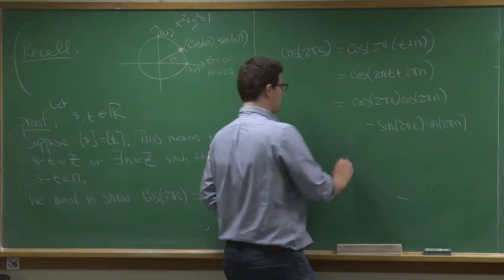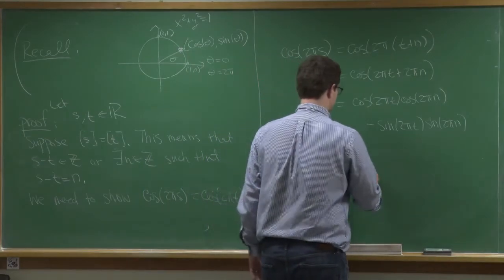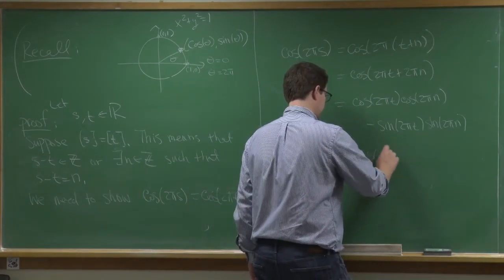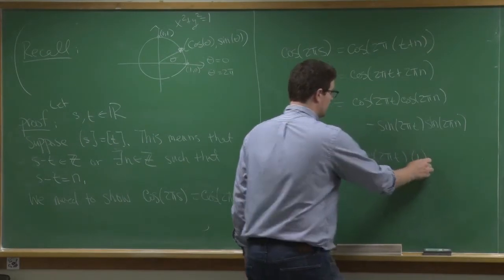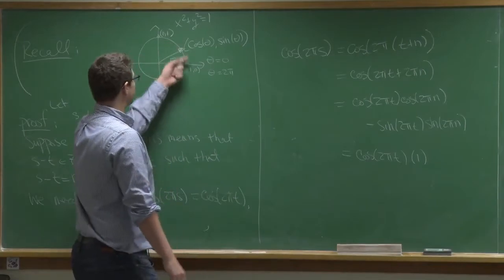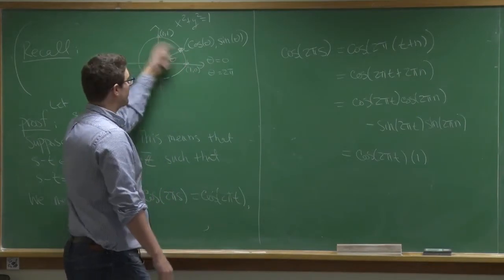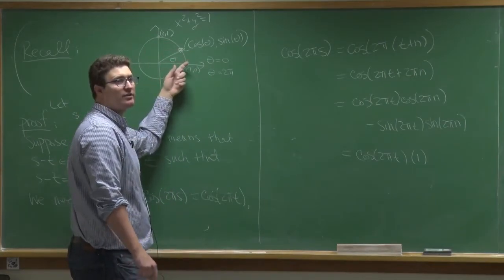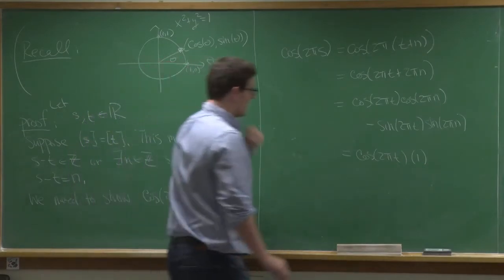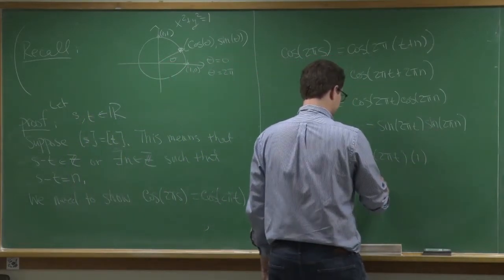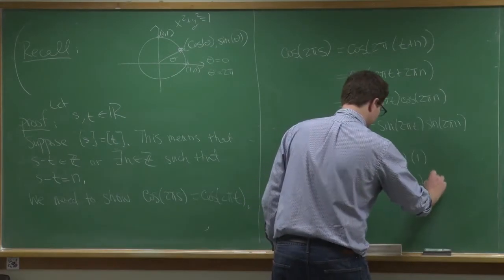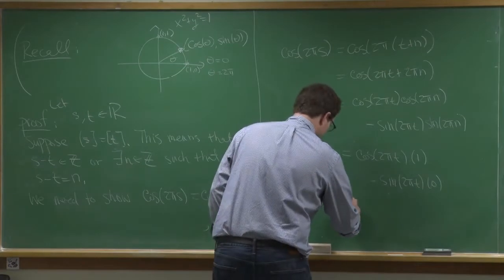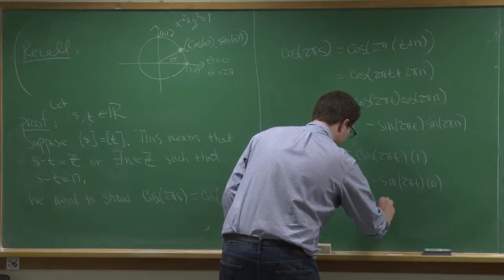What's cosine of 2 pi n? It's 1, right? Because we're just going around. And sine of 2 pi n is 0. So the second term is times 0, and this is just cosine of 2 pi t.